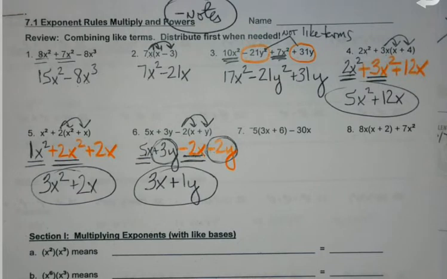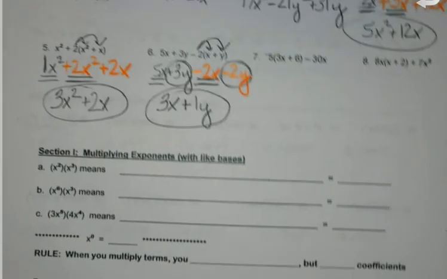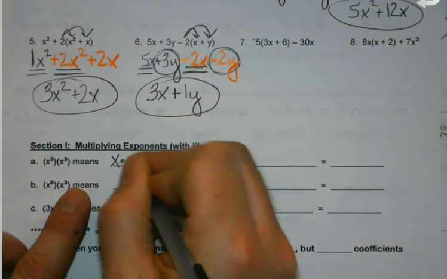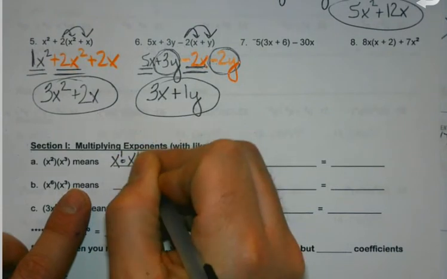So that gave you a little insight into how this exponent rule stuff is going to work. So here's how this goes. We're going to look at it kind of stretched out, and then we're going to put the rule to it. So if I have x squared times x to the third, okay, here's what that actually means. That x squared means I have x times x, or x to the first times x to the first.